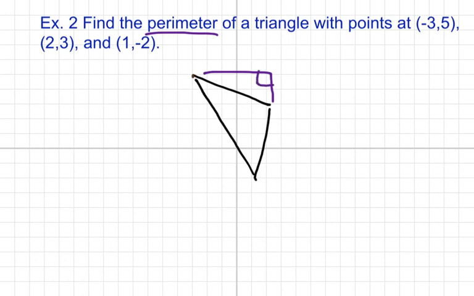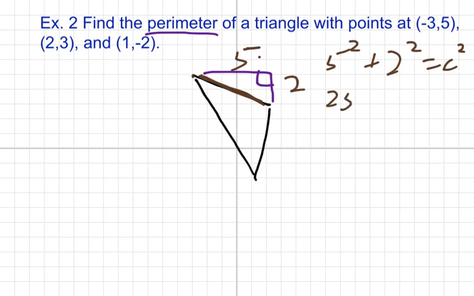And how much does that rise there? 2. How much does it run? 1, 2, 3, 4, 5 units. That's 5 units across. So off to the side, I'm going to do the Pythagorean theorem to find this side right here. So 5 squared plus 2 squared equals c squared.